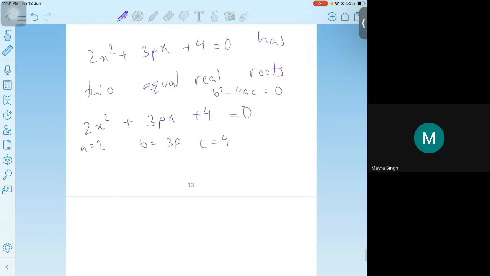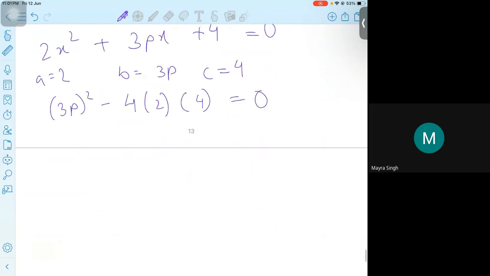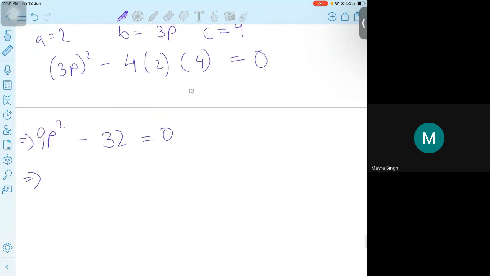Seeing none, let's just plug in the values. So b squared is going to be (3p) whole squared, minus 4ac, so that is minus 4. A is 2, c is 4, and all of this should be equal to 0. Okay, let's see. So we have 9p squared now, minus 4 2s are 8, 8 4s are 32, so minus 32 equals 0. And if you take the 32 to the other side, you're left with 9p squared equals 32.